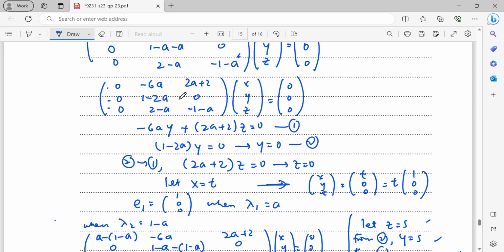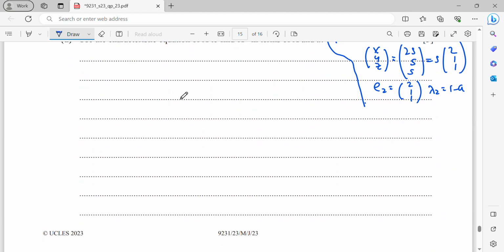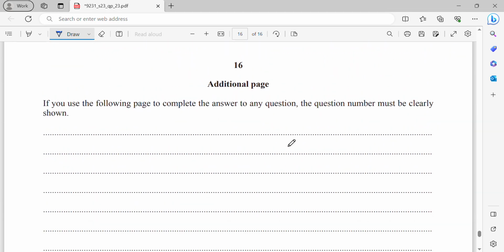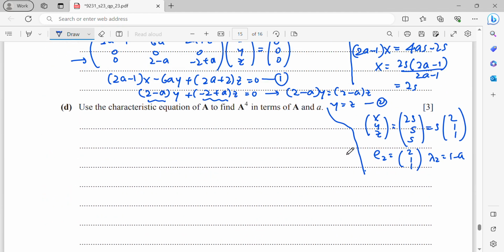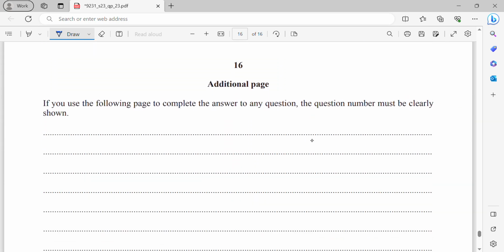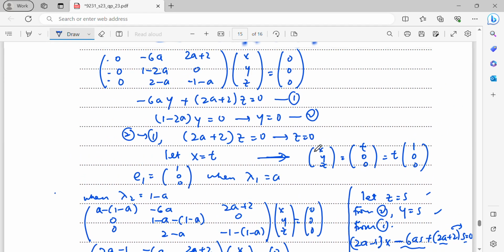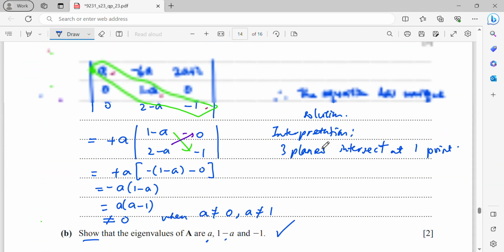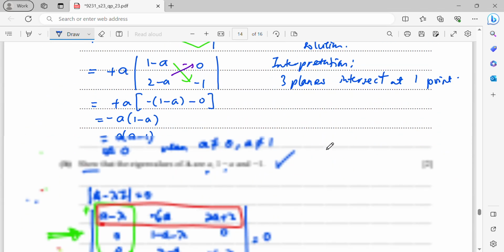Okay, so now I will continue this on. I will continue it here because I still have the E3 not yet found. Alright, so now this is part C of the last question, question 8.